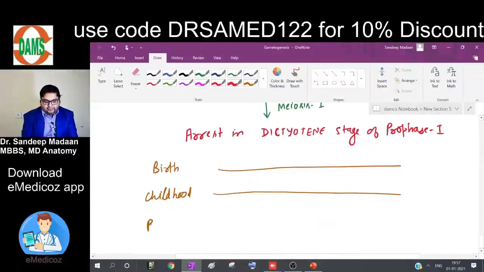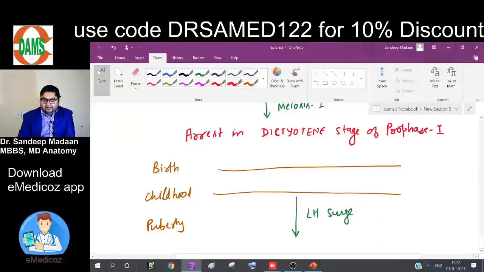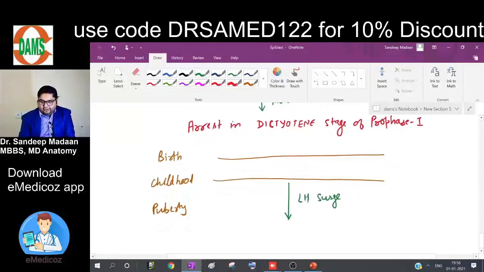But then comes the puberty, and at the puberty there will be hormonal changes. Now this hormone comes, that is LH surge. LH surge will break the arrest, and because of LH surge the meiosis 1 completes.